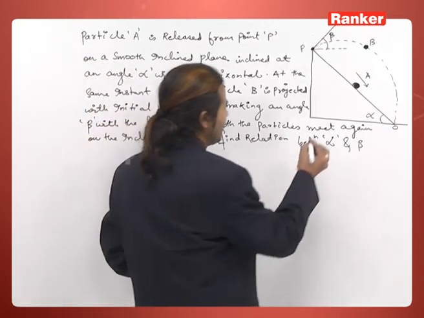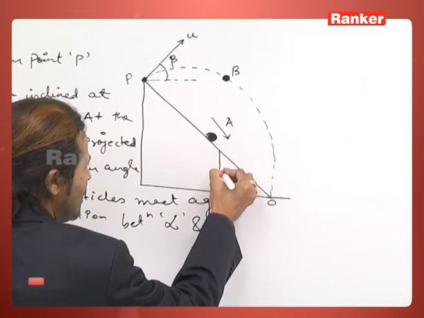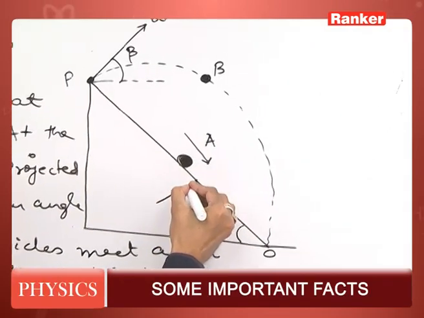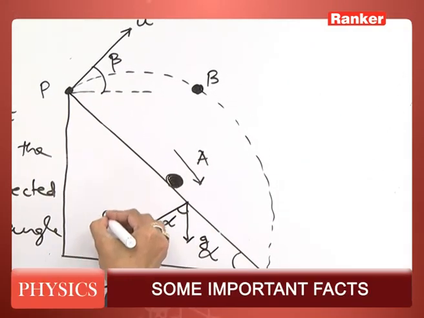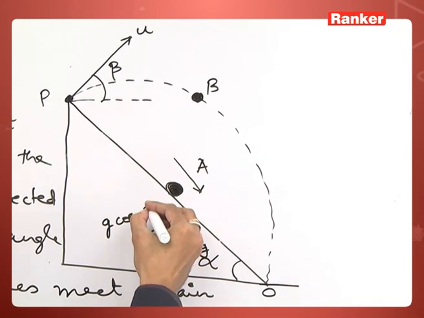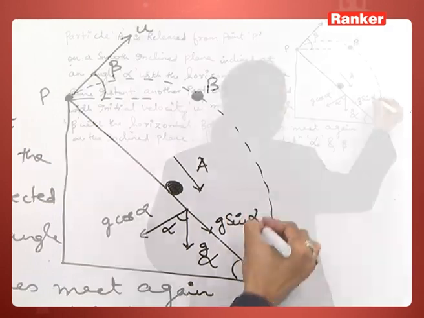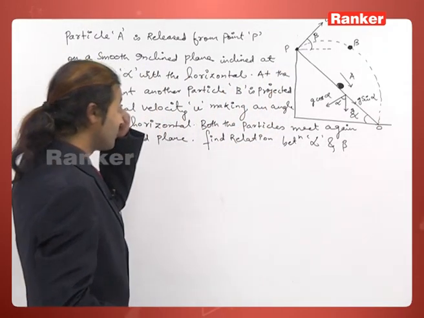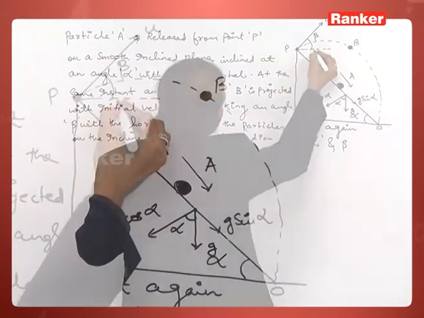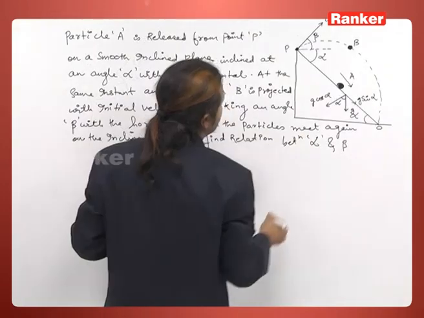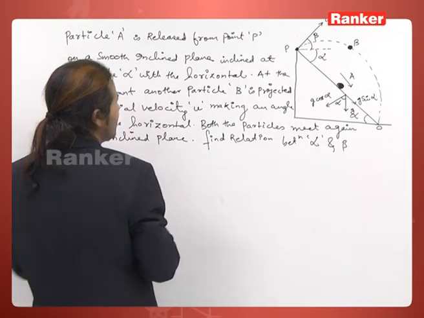So let us have the acceleration first. G, this is alpha, this is g cos alpha, this is g sin alpha. Now this is alpha, obviously this will be alpha. So I'll take beta as like this.